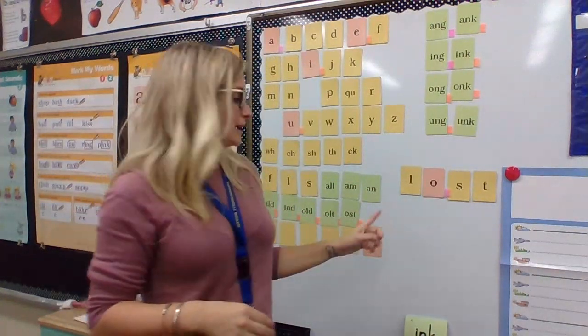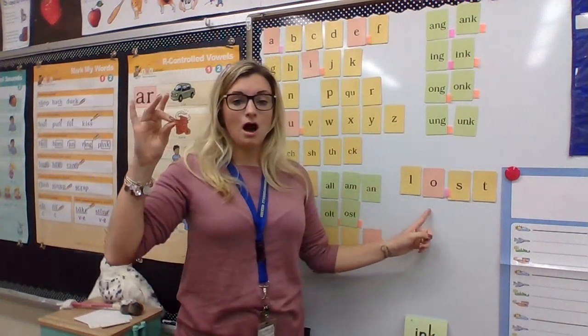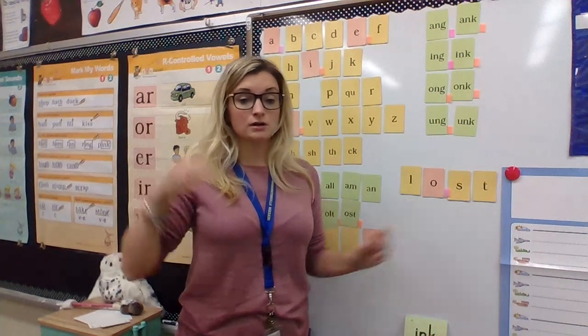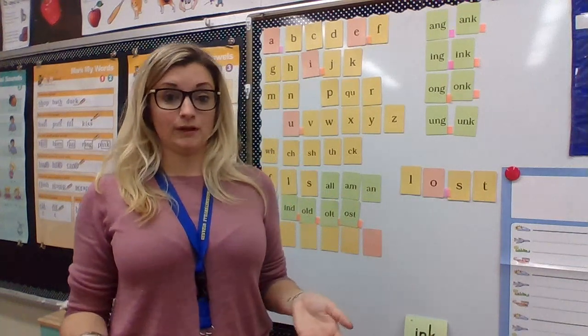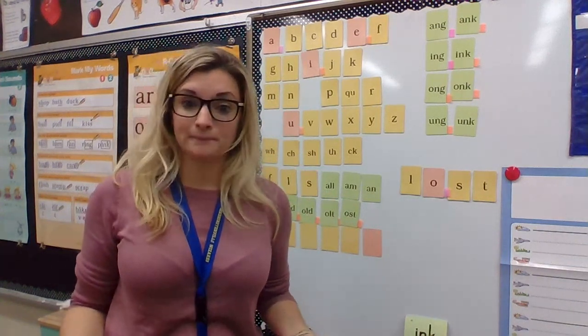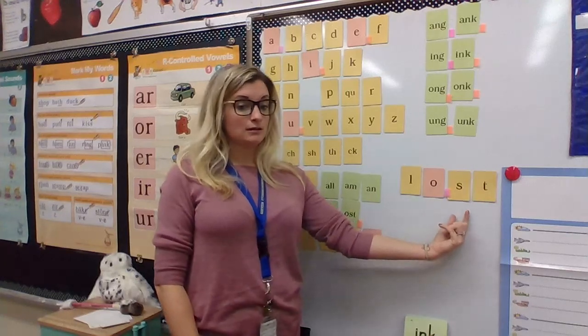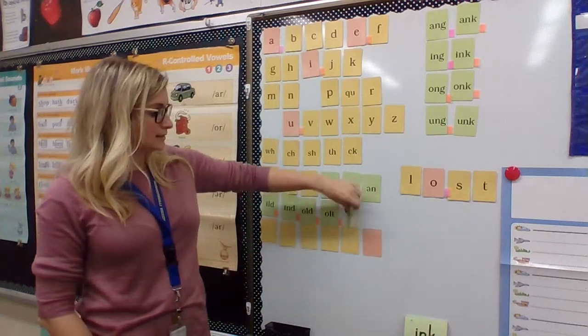So this word, let's tap it out. Lost. So if I lost something, or I lost my teddy bear, okay? Now, if you notice OST, that is the same thing as OST here.